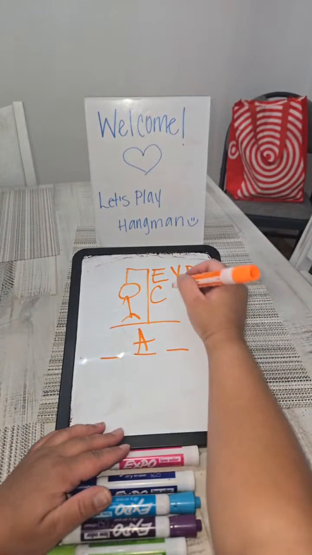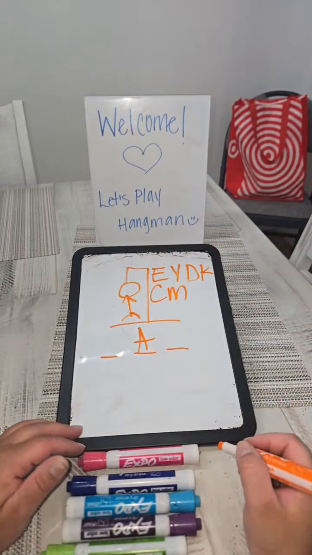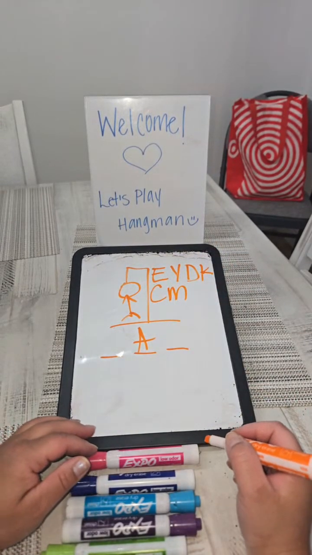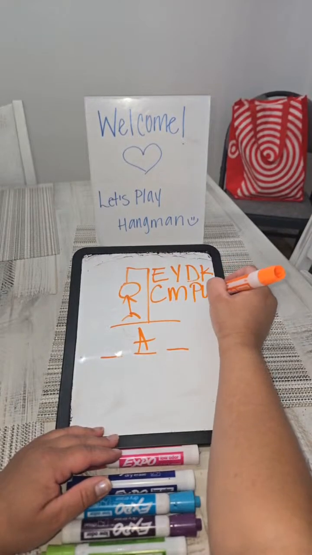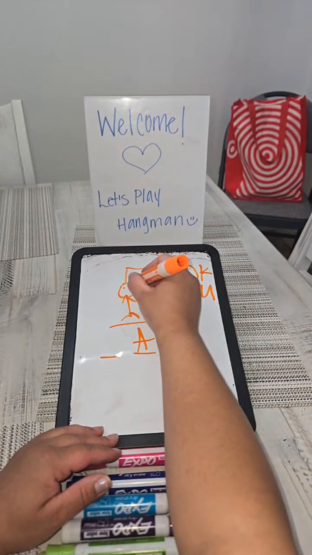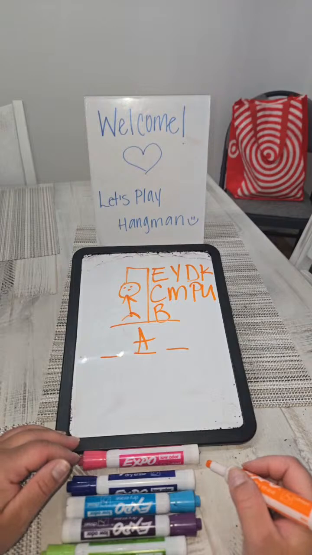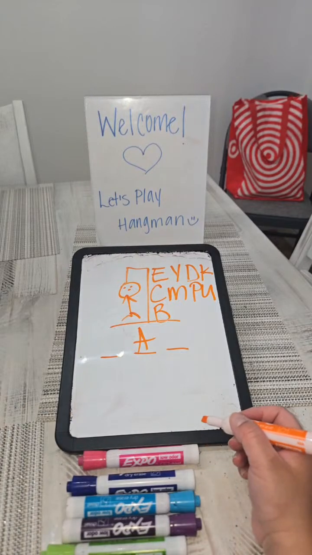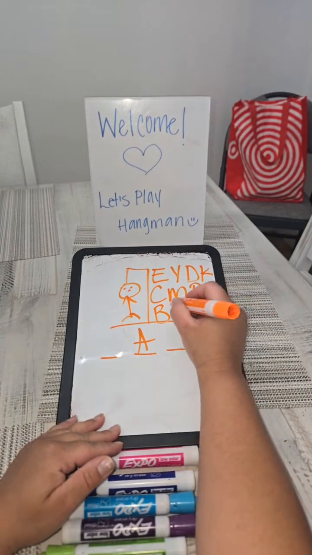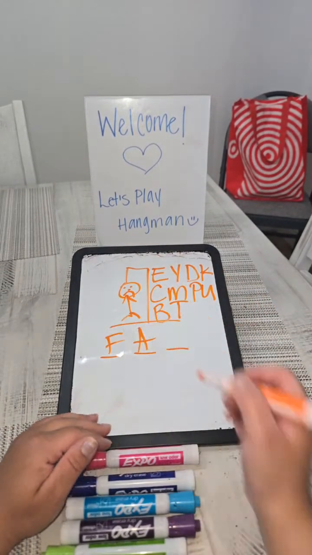MC is already there. PU. PUB. Ear. TF. There's no T, but there's one F.